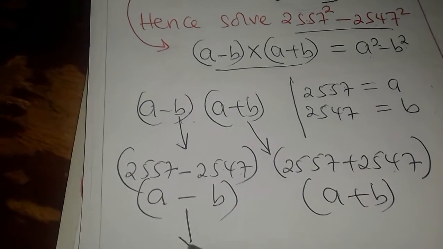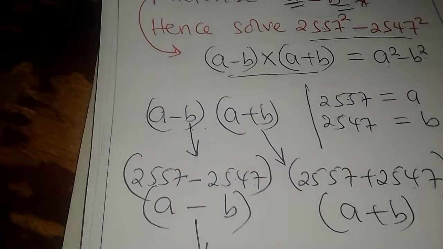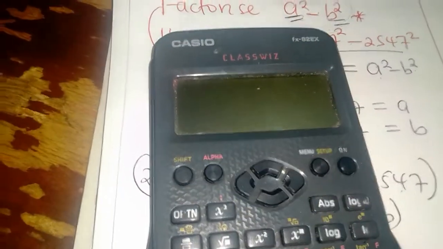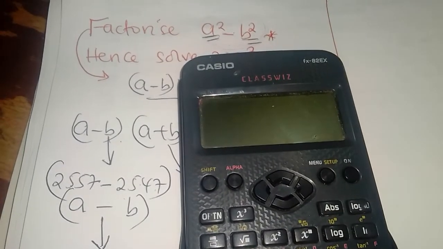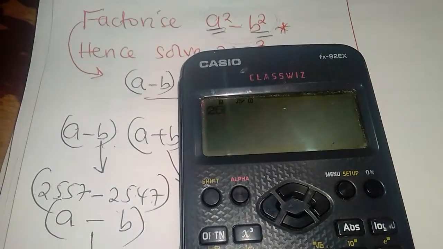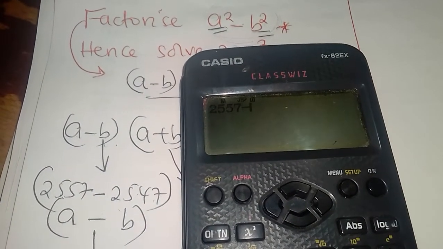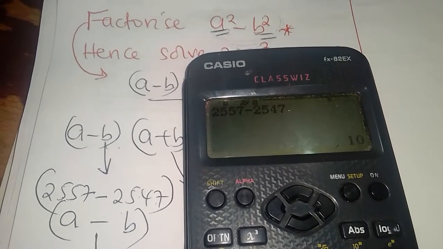So, what is the answer here? I'll pick my calculator and get the answer for that. So, I'm going to have 2557 minus 2547, and my final answer is 10.